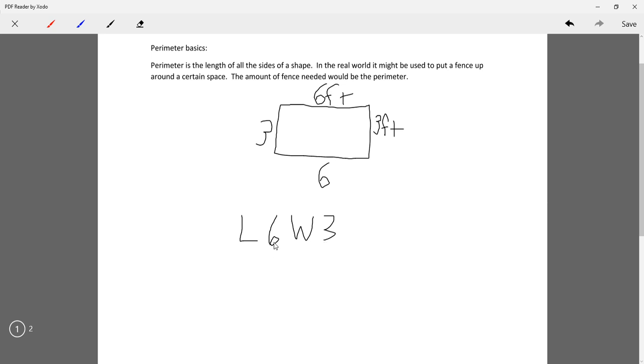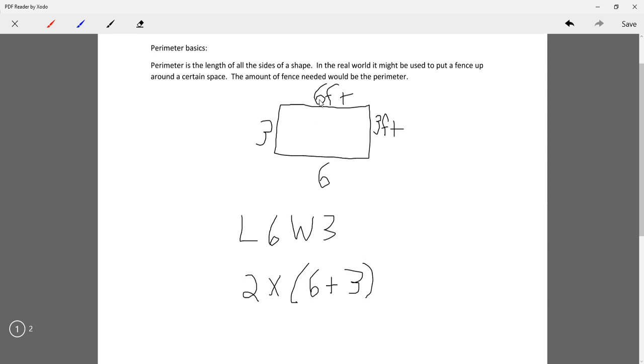Now, one way to find the perimeter of a rectangle with just length and width is basically 2 times 6 plus 3. Okay? So 2 times length plus width would actually give you the perimeter, right?